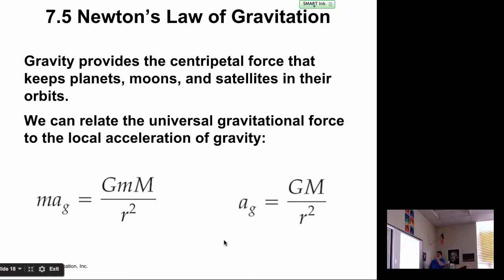So gravity provides centripetal force that keeps planets and moons and satellites in their orbits, and we can relate this universal gravitational force to the local acceleration due to gravity. So when we talk about little g, when you compare the mass of something on Earth to the mass of Earth at sea level, g, the acceleration due to gravity, is 9.8 meters per second squared, as an approximation.